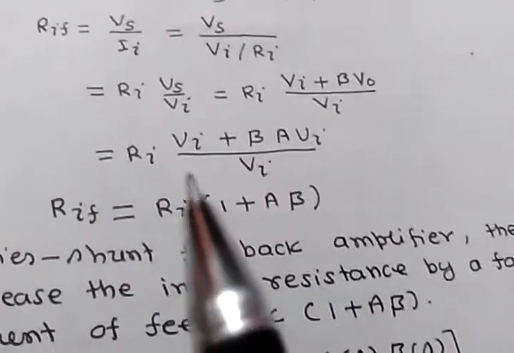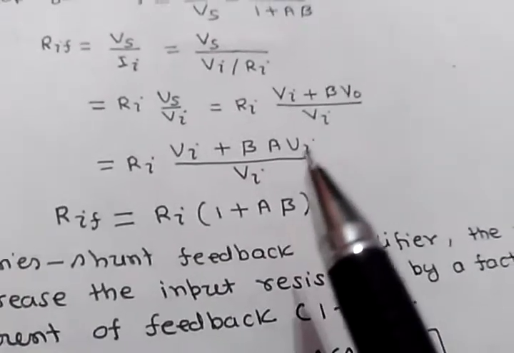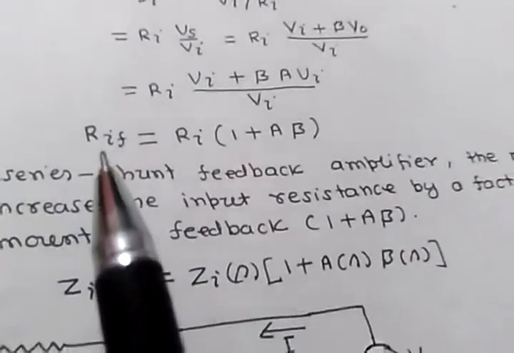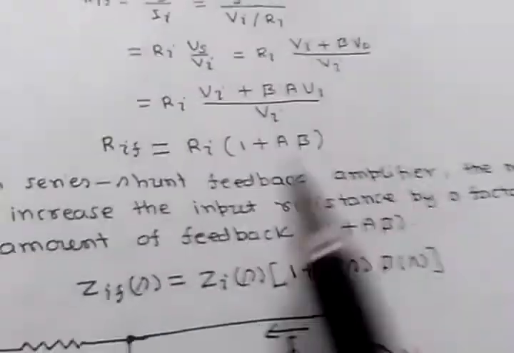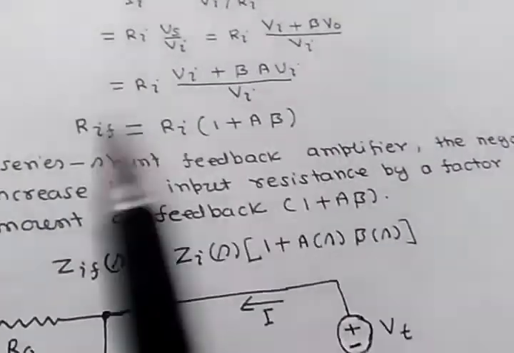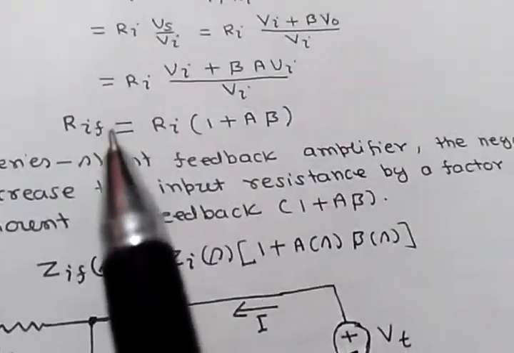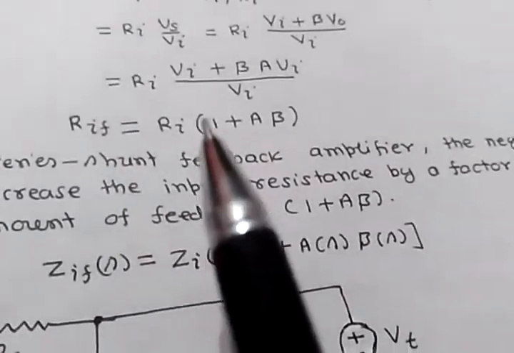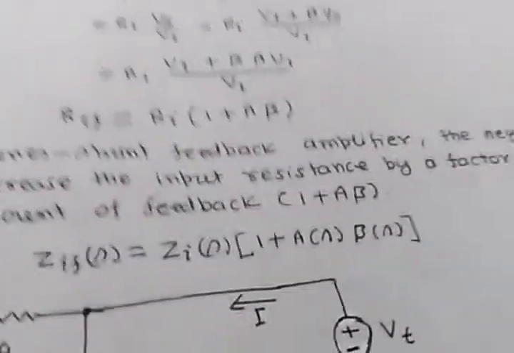And since A equals Vo upon Vi, at the place of Vo we can write A into Vi. In this way, input resistance with feedback can be written as Ri into 1 plus beta A. This is the expression for the input resistance with feedback. So we can say input resistance with feedback in series shunt feedback amplifier is the 1 plus A beta times of the input resistance without feedback.